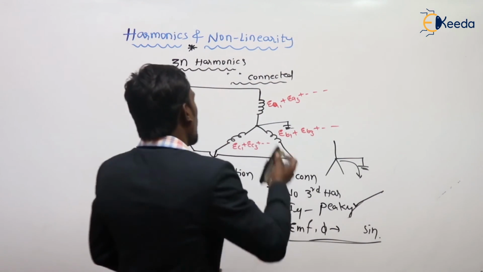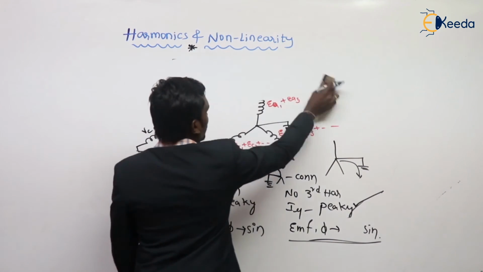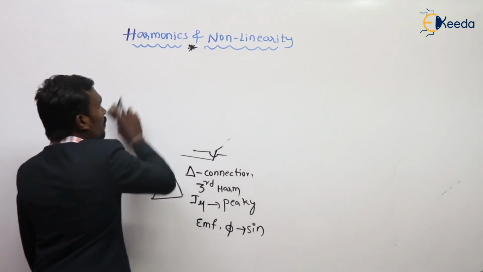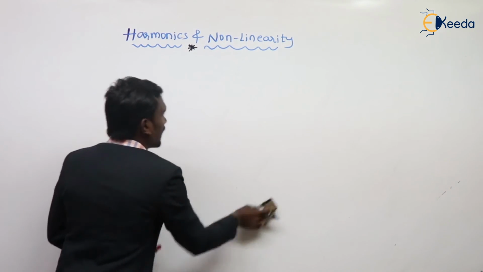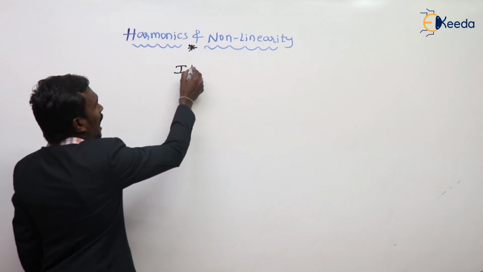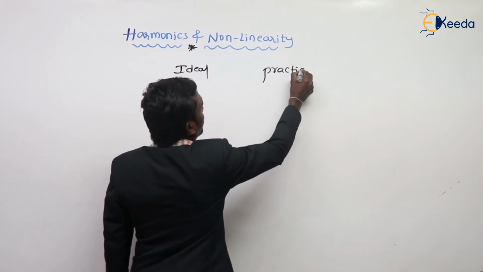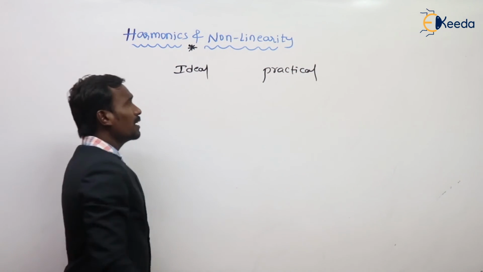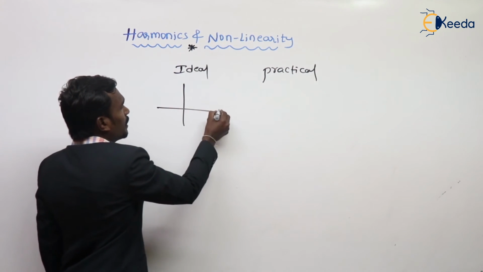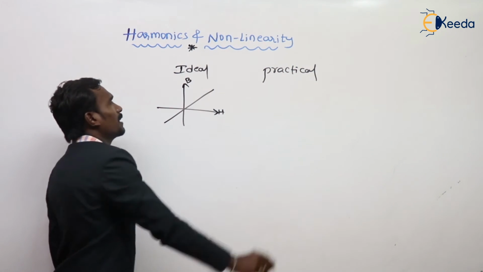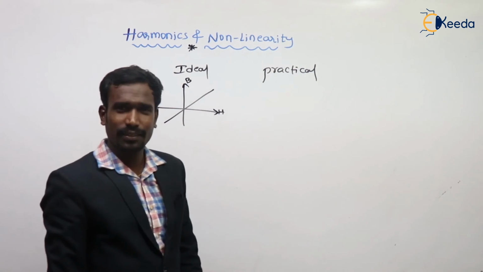And next one, non-linearity. For example, ideal and practical condition. In ideal condition, the BH curve is linear.